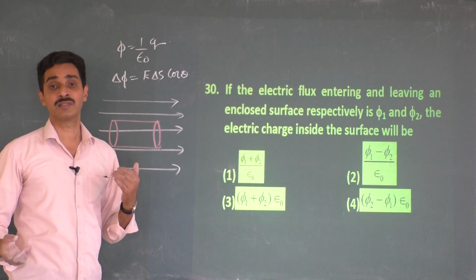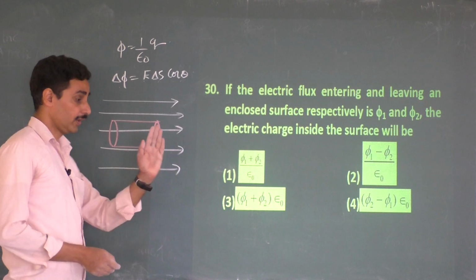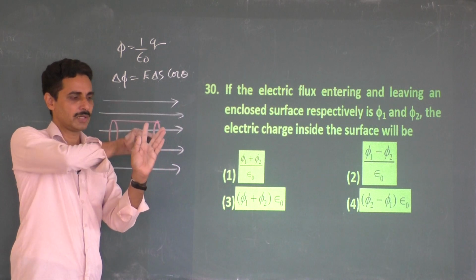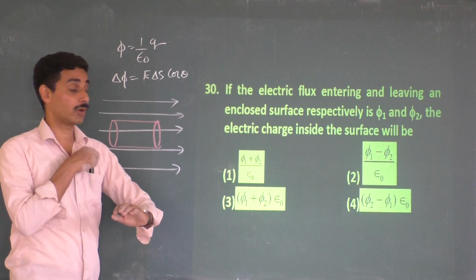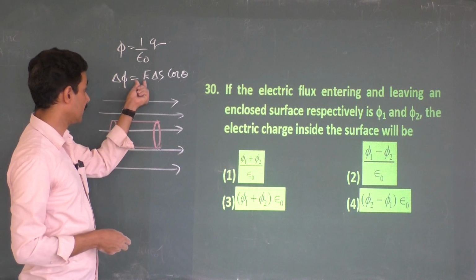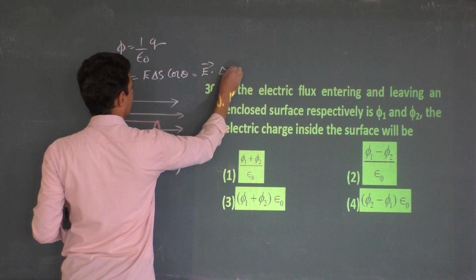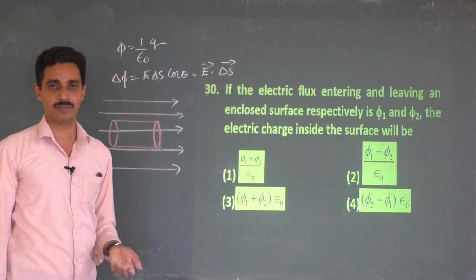The normal to the surface area gives the direction. If you have a surface area like this, you can assume a normal like this, or you can assume a normal this way also. There are two normals possible. The outward moving normal is taken.